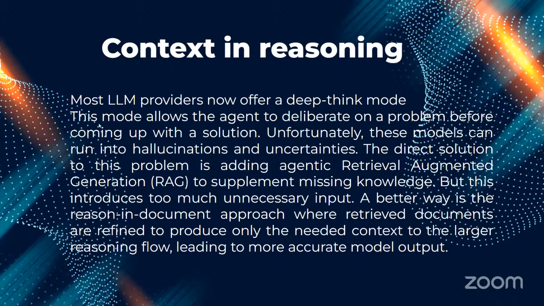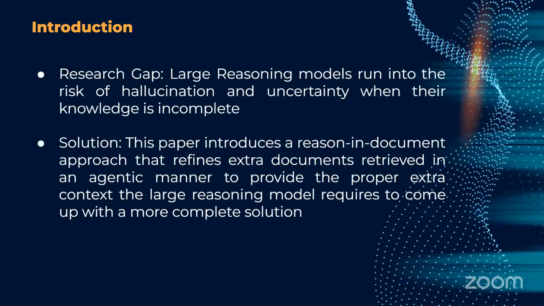So the deep think mode for reasoning models allows them to deliberate on a problem before coming up with a solution. But these models can run into hallucination or uncertainty. And using standard retrieval-augmented generation does not do much good to this because it adds unnecessary context. So the research gap is large reasoning models run into the risk of hallucination and uncertainty when their knowledge is incomplete.